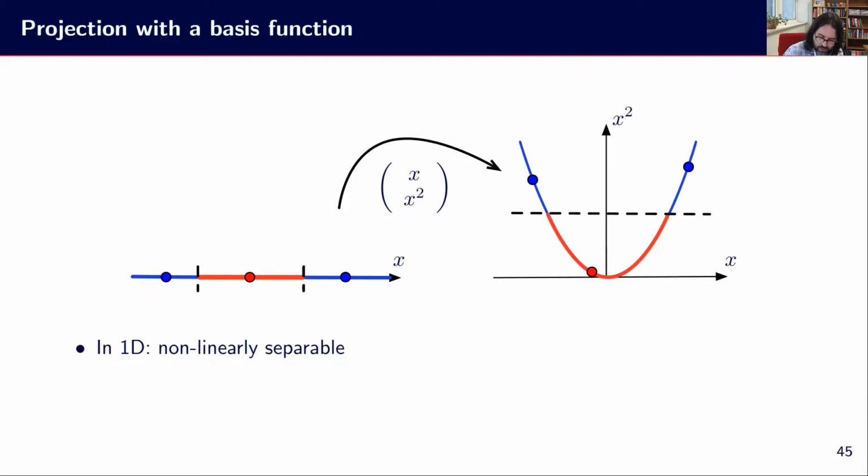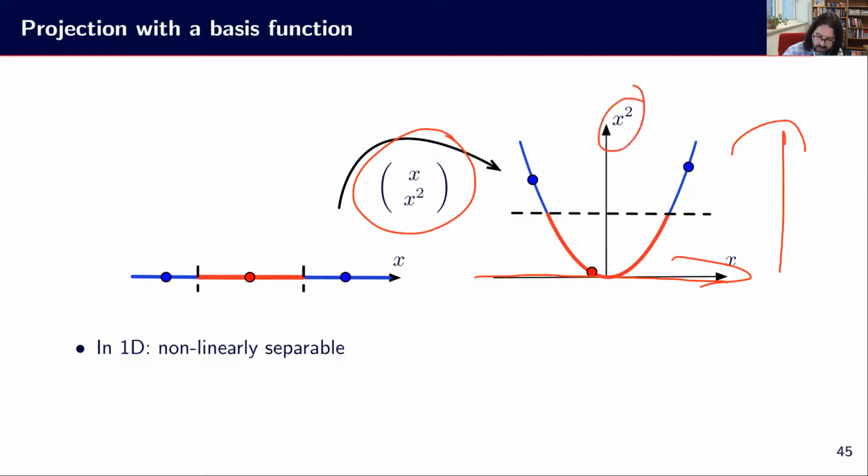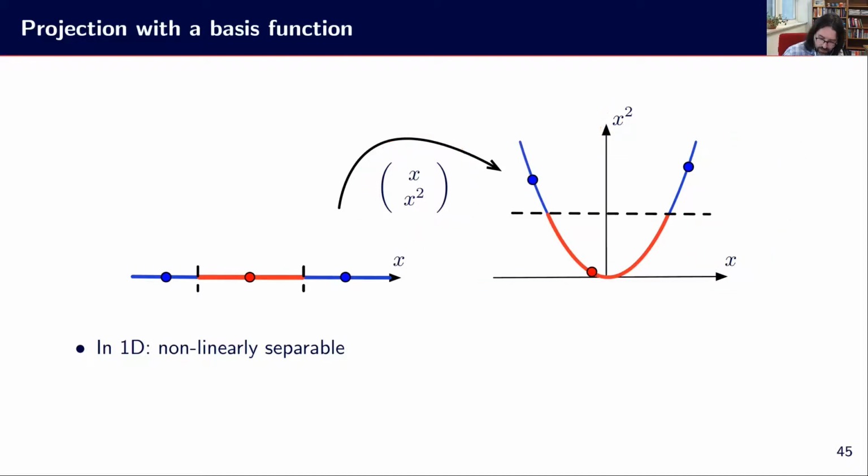But if we make use of a projection from 1D to 2D, mapping our x with the original x value on the x-axis and x squared on the y-axis, this is great, because now we are in 2D. Our 1D function is simply being on that curve.